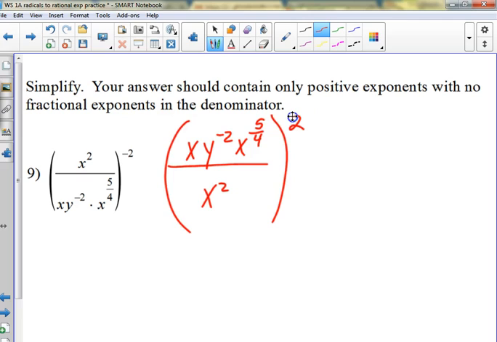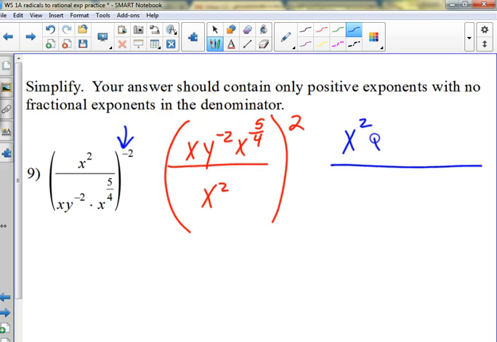A 2, because all I did was flip it over. Now what do you want to do? You want to clean it up inside, or you want to square it all? Okay, square it. So what will it become? All I did was, they told me they wanted to flip it, so I just flipped everything and took care of that negative. What will it become?